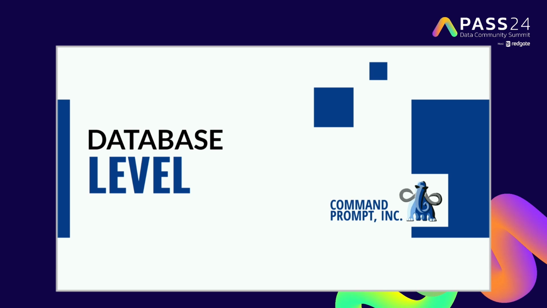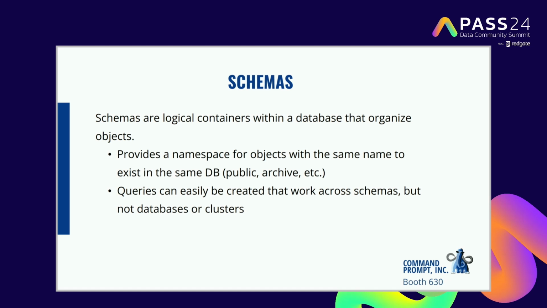To the database level. All of the objects and aspects we're talking about here exist within a database and across all the objects in there, for the most part. Schemas are the main one. These are logical containers within a database that help organize objects. It provides a namespace so you can put things in a place and label it in a way that you understand.